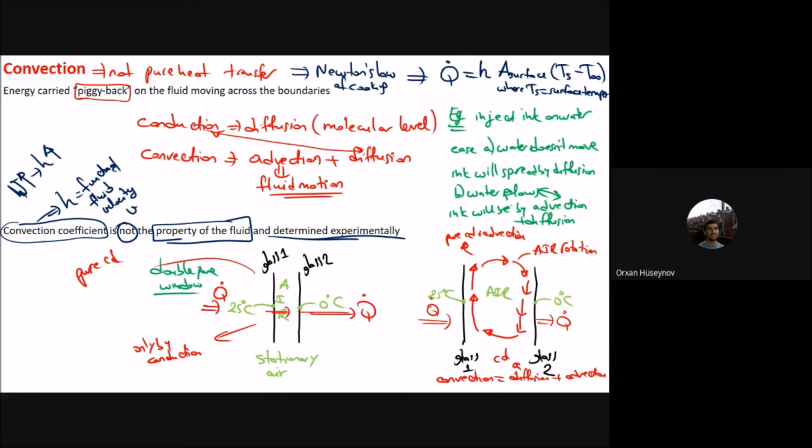I mean, it is not linearly proportional, it is a non-linear relationship. Okay, these are determined experimentally. You have to notice it. It is an experimental property because it is very complicated. And the complication comes from the fact that here you have fluid motion coupled with heat flow. So it is more complex than the conduction heat transfer process.